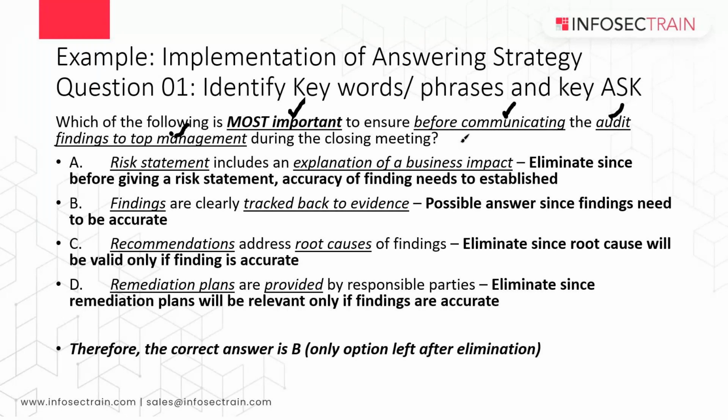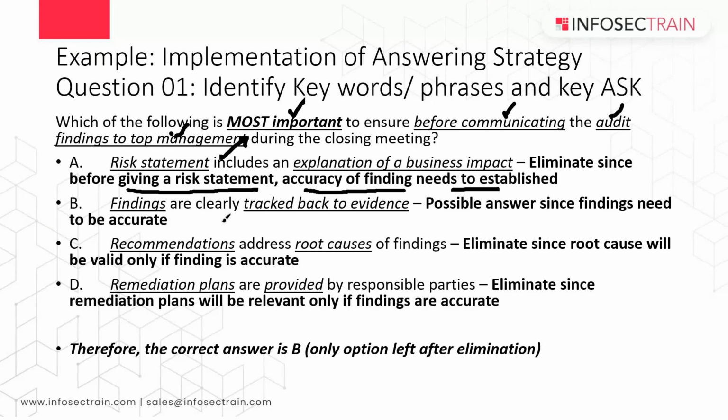But why do we eliminate it? Because before giving a risk statement, before highlighting a risk, we need to ensure that our finding is accurate. Accuracy of our finding is what matters. So, risk statement will not be the most important thing. Accuracy will have more importance.